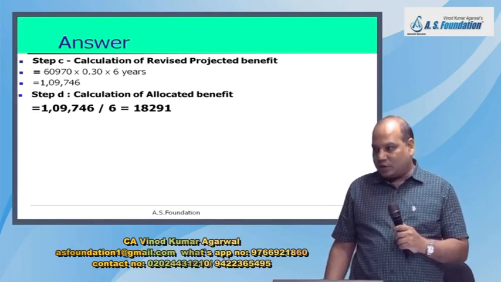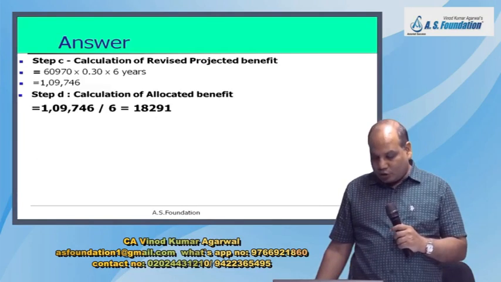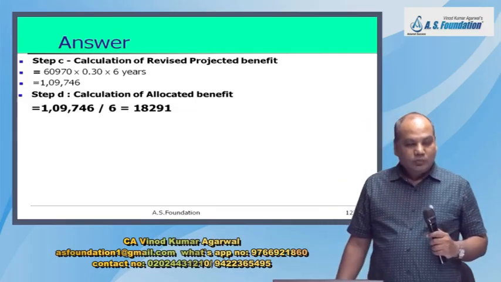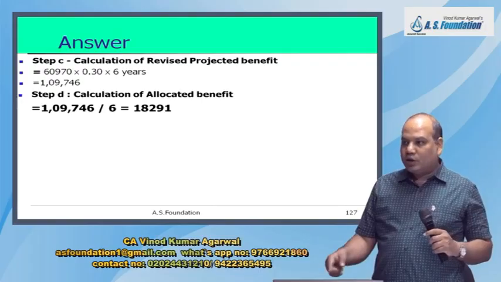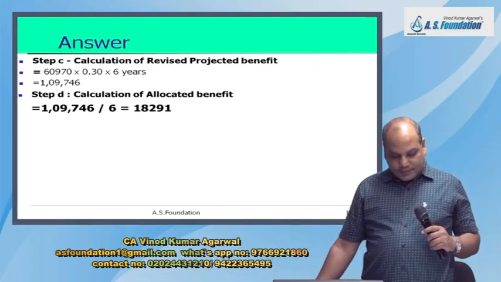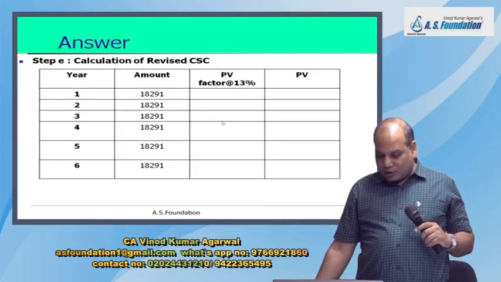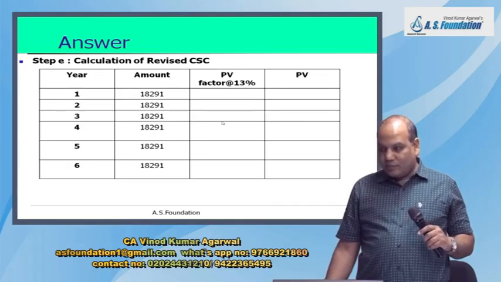And the difference will become actuarial gain or loss. So 18261. Sorry, 18291, right? He will have to do this calculation all over again. And then you again do the same exercise.